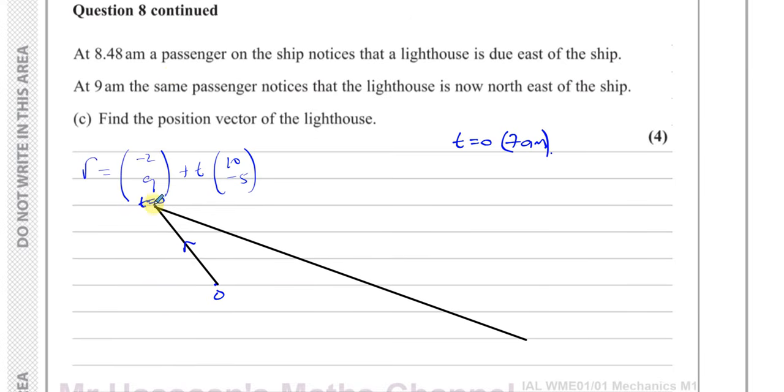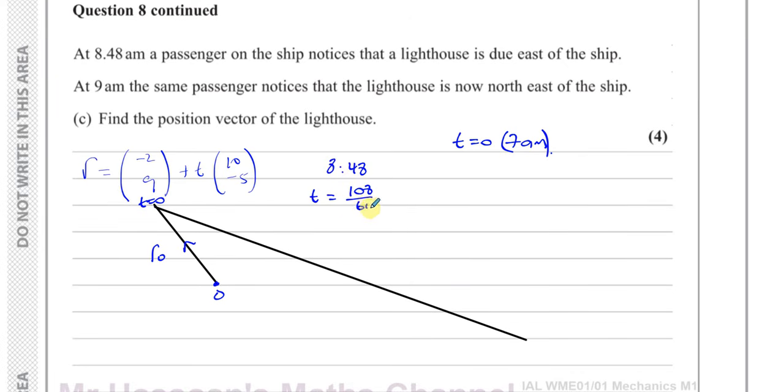Okay, that's the position vector at t equals 0, that's r0. And then you've got the velocity 10 minus 5. So we know at 8:48, a lighthouse is due east of the ship. So 8:48 is 1 hour and 48 minutes after 7, so that's 108 minutes.